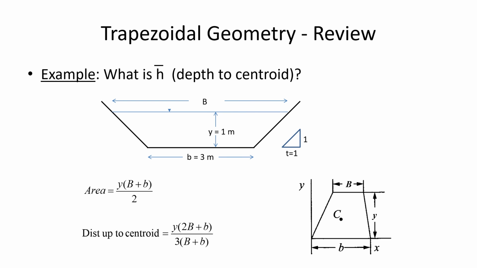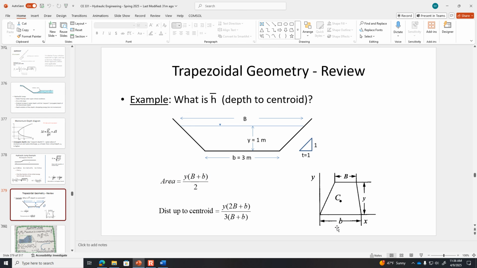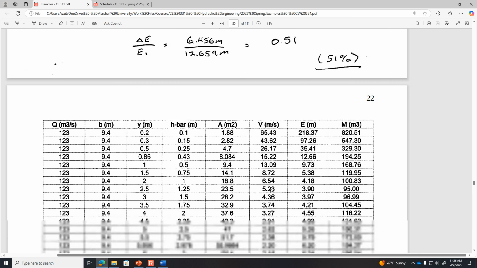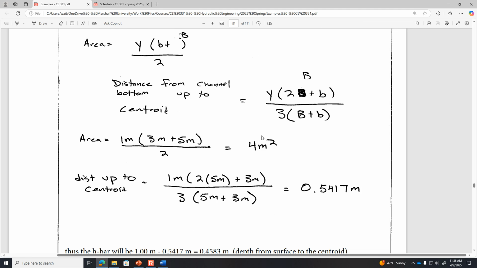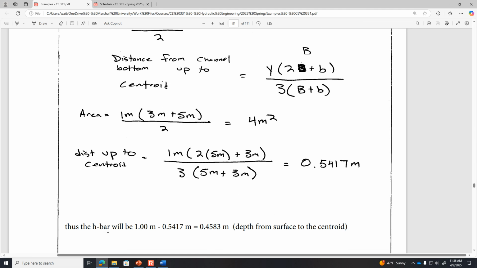So if it's 1 meter from top to bottom, and we have to go more than halfway to get to the centroid, then it's going to be less than halfway from the top downward to the centroid. So h bar is going to be 1 meter of depth minus the distance from the bottom to the centroid, so it should be 0.4583 meters as the depth from the surface to the centroid.